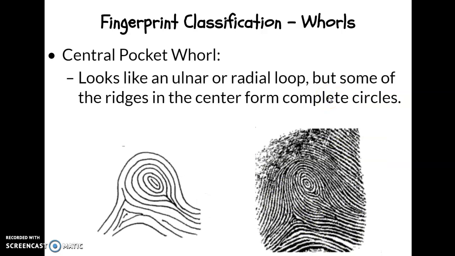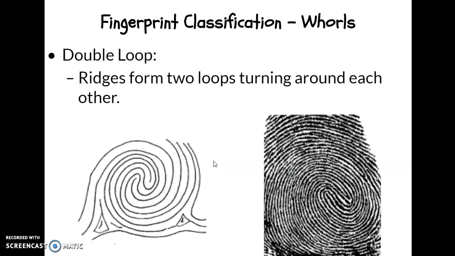A central pocket whorl is not as target shaped. It looks like you might have an ulnar or radial loop, but some of the ridges in the center form complete circles. Then you have a double loop.